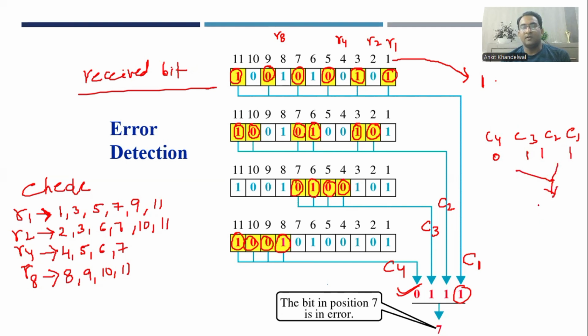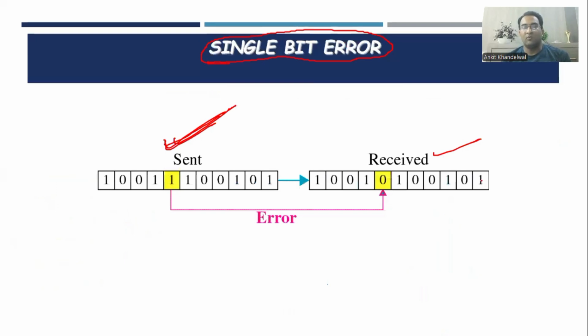That is equal to binary value 7, decimal value 7. So at the seventh position there is an error. Now look, 1, 2, 3, 4, 5, 6, and 7. That means at the seventh position there was an error. So the received bit was 0.